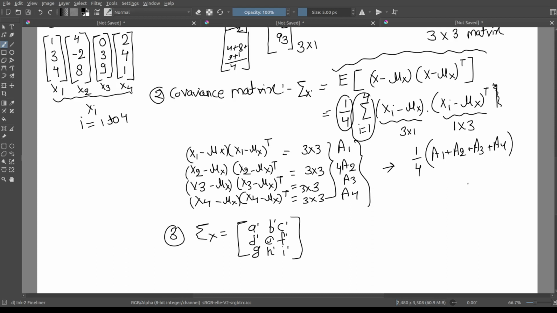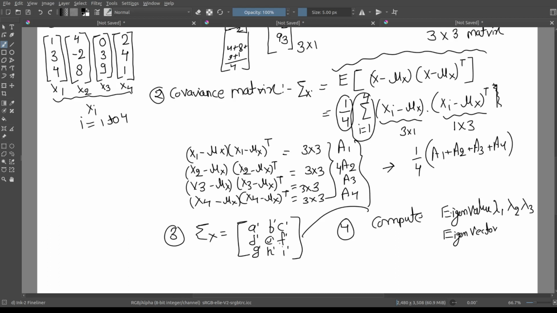Now after this, the fourth step is to compute the eigenvalues and eigenvectors. How many eigenvalues will you get? Let's say lambda 1 is the highest one, lambda 2 is the second highest, and lambda 3 is the lowest eigenvalue.